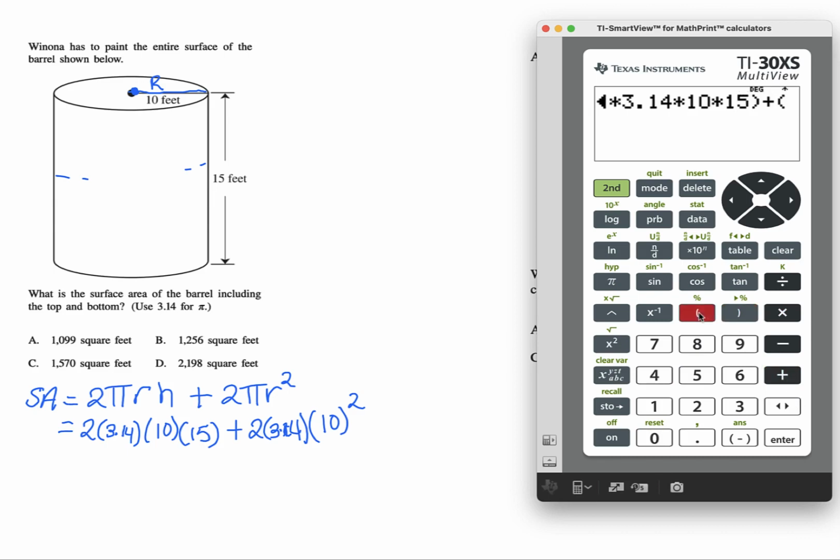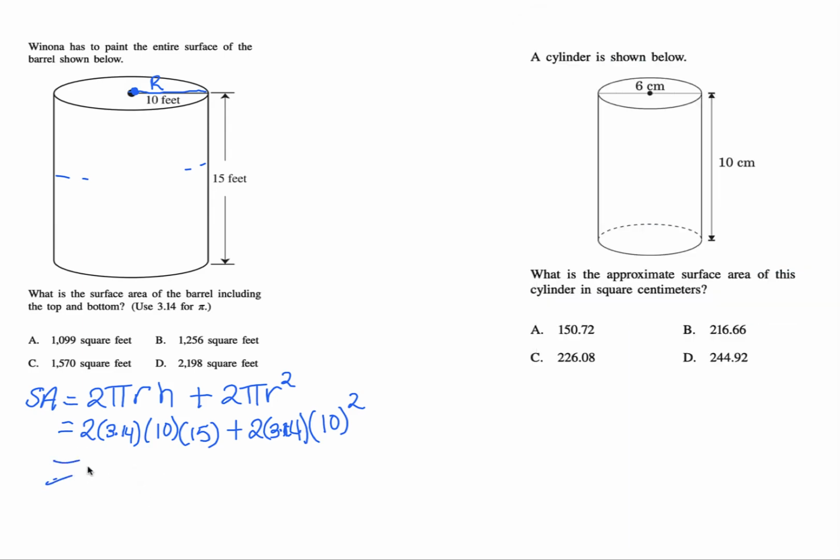I'm going to open parentheses again. I have 2 times 3.14 times 10 squared. I'm going to close that parentheses. And I'm going to hit enter. And my answer is 1,570. And that would be square feet. So my answer is C.